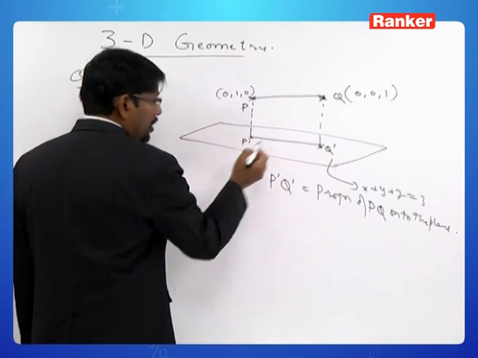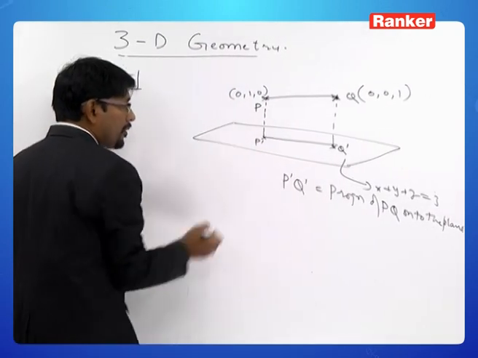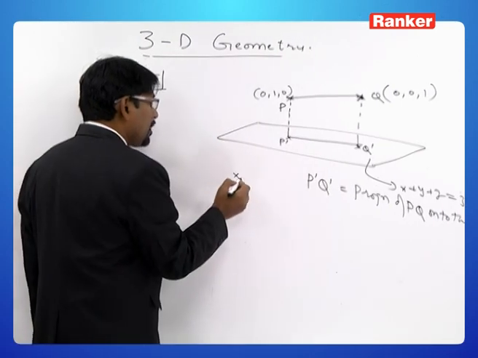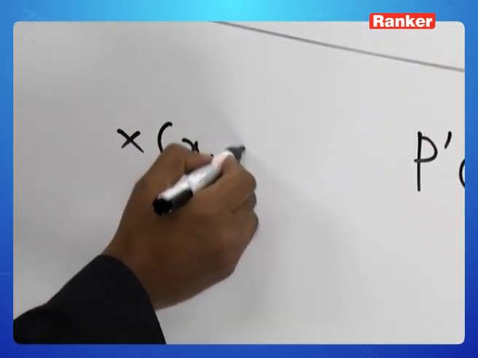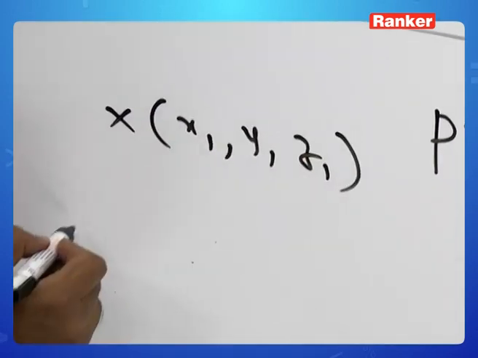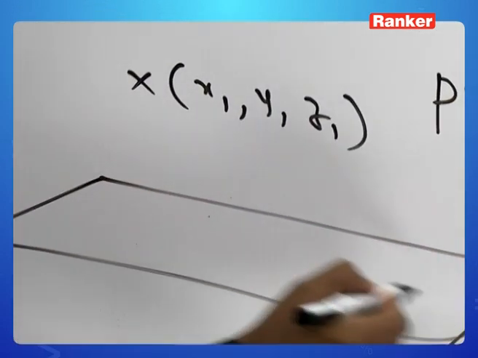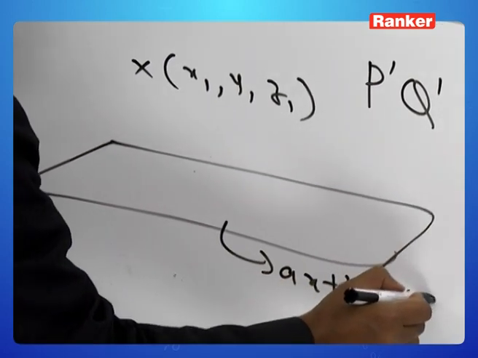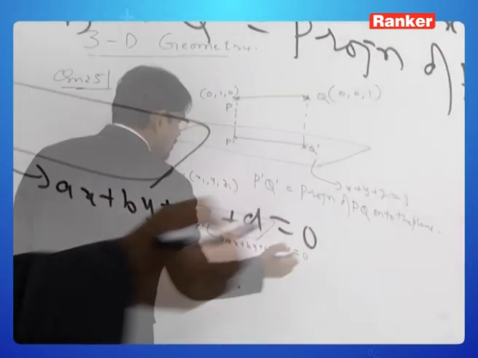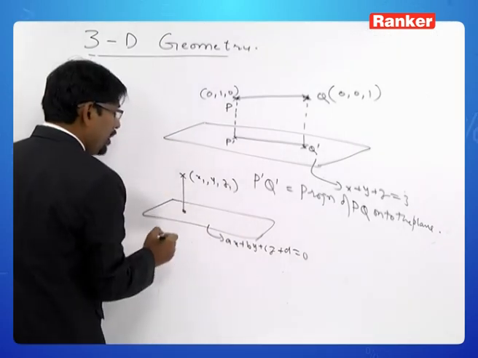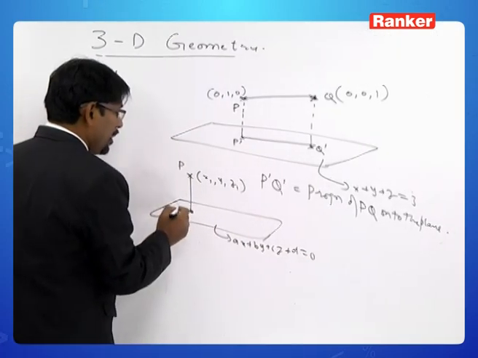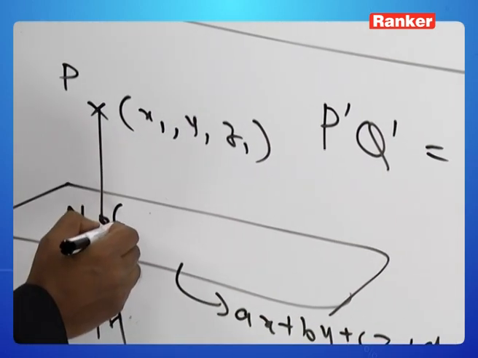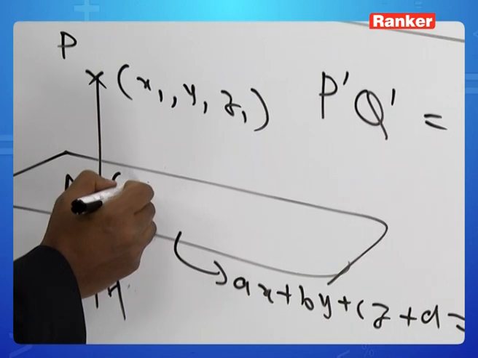Now let's find out the coordinates of the foot of the perpendicular from (x1, y1, z1) onto the plane ax plus by plus cz plus d equal to 0. Let's say this is P and this is M. Coordinates of M, let us call that some (alpha, beta, gamma).